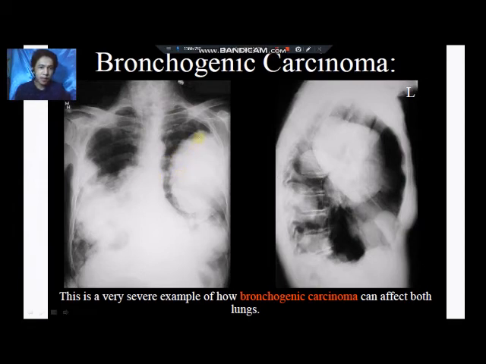Okay, so for example in this one, in PA projection, this is how it looks. It has a white appearance, so we cannot evaluate it. Is that a mass? Is that a fluid collection? In the lateral projection, at least we can demonstrate that this is a mass. Okay?